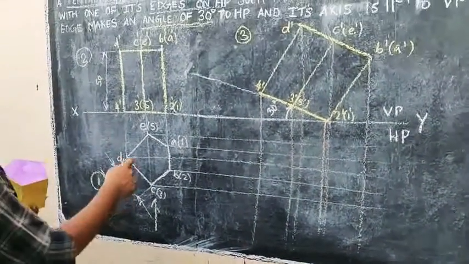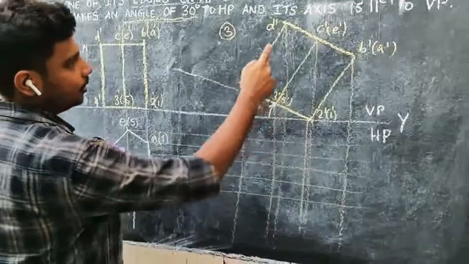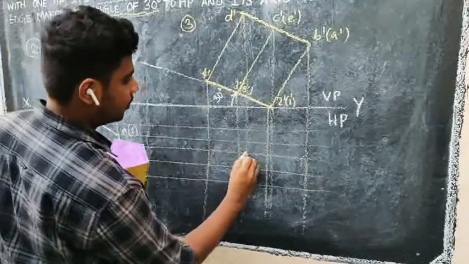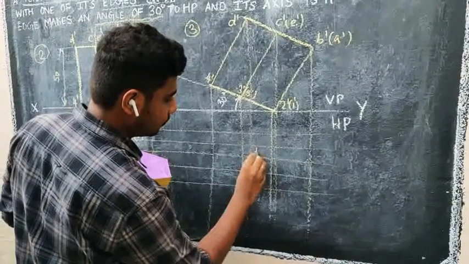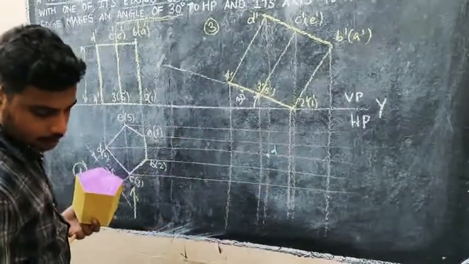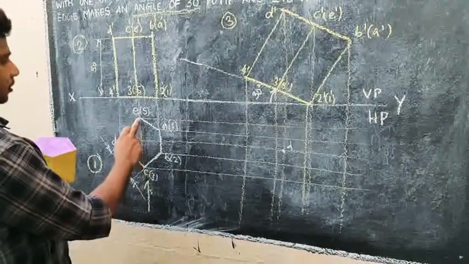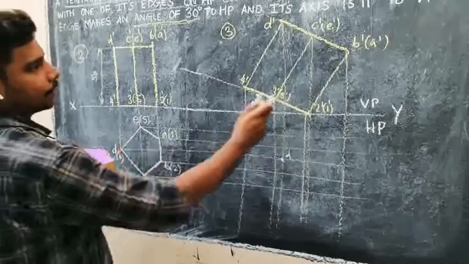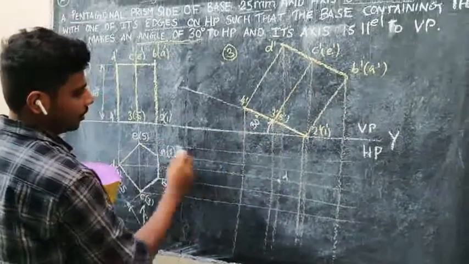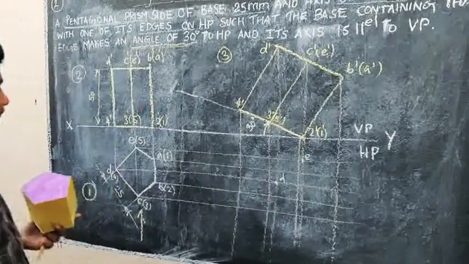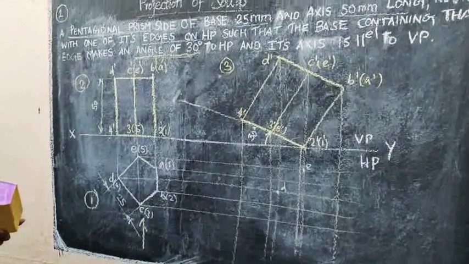So the first D dash is combining here. So this point is your D, the final D double dash, right? Then this point is your E, and this is combining with this E, and that is your point E, right?